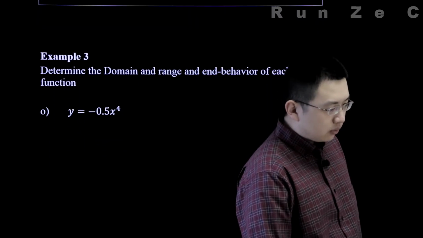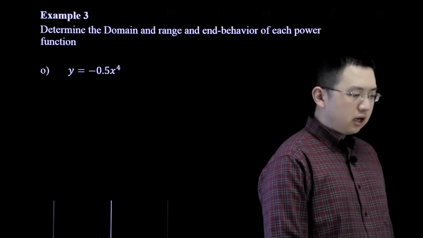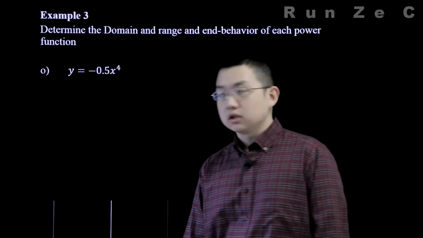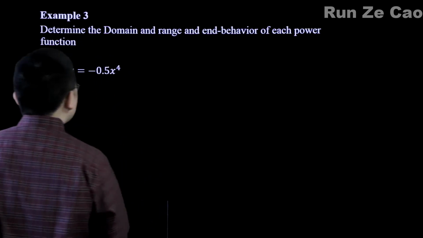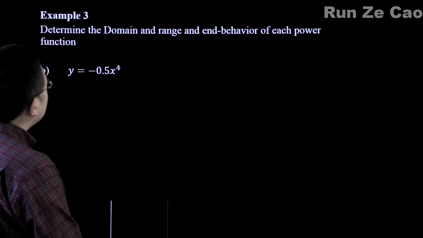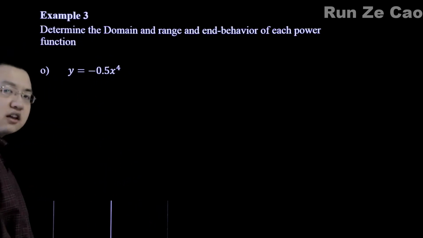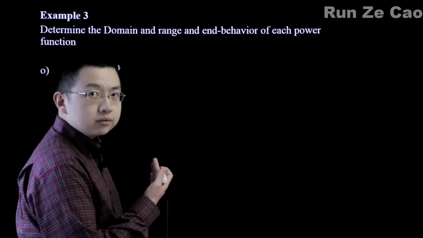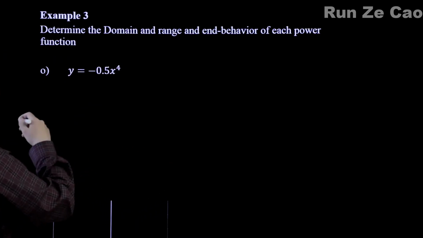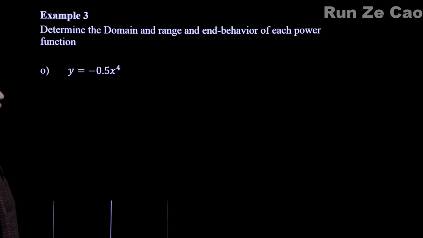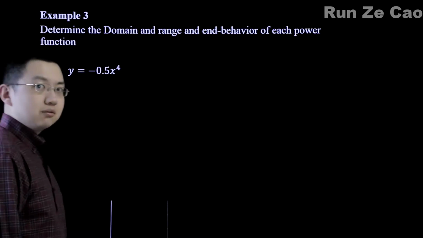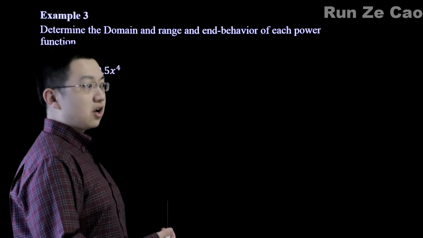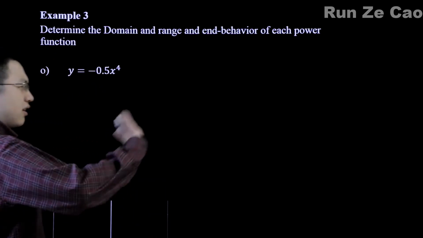So here we're going to determine the domain and range and end behavior of each power function. Negative 0.5 x to the fourth power. Is there any x value for which this has no value? Well, no. I mean, other than plus infinity, but because what you'd get is negative infinity, which is not a real number, that doesn't count.